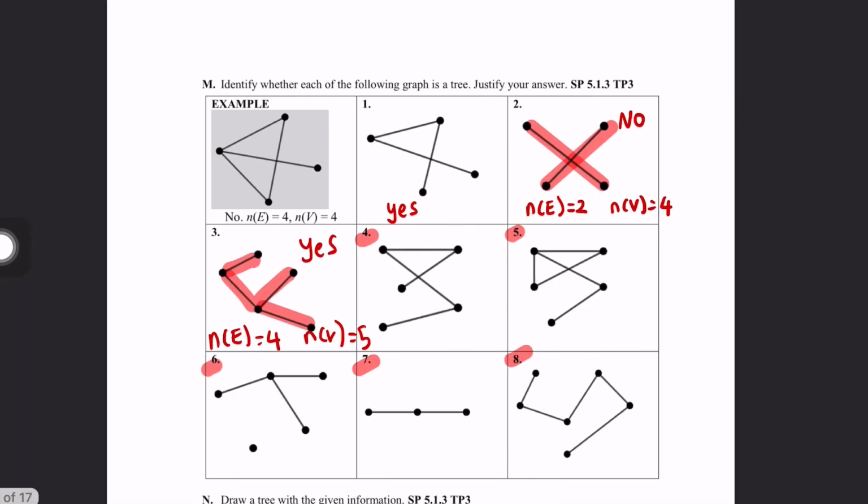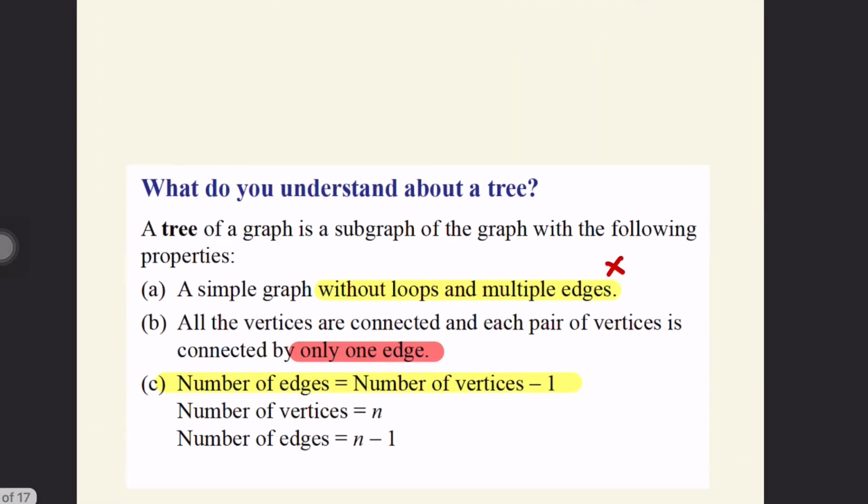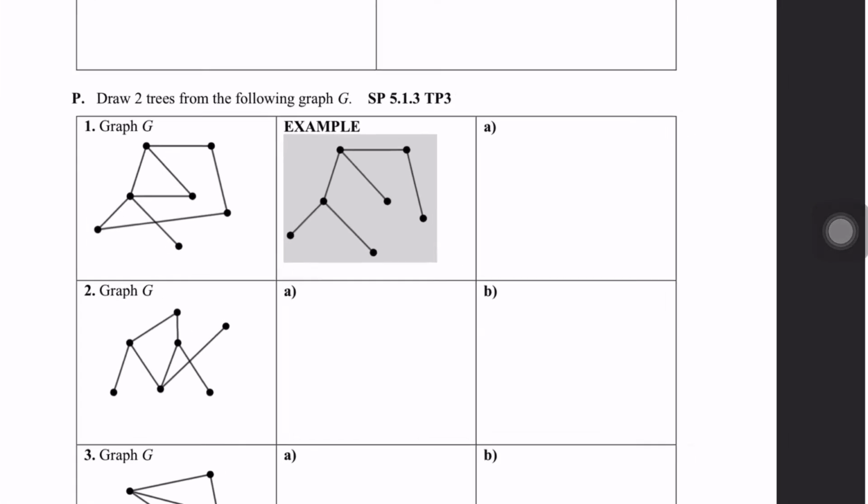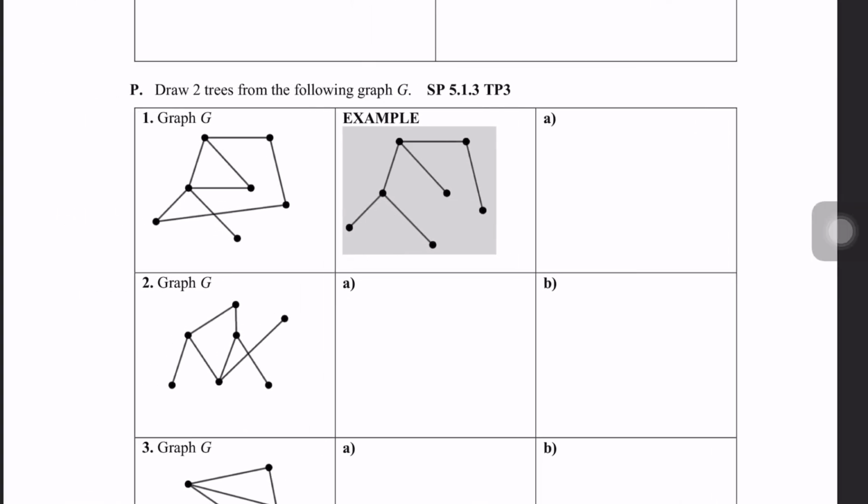Syarat nak lukis tree tadi macam mana? Okay, a simple graph without loops and multiple edges. Ingat. Okay, all the vertices are connected and each pair of vertices is connected by only one edge. Ingat tu, itu syarat untuk melukis tree. Okay, ingat simple saja.